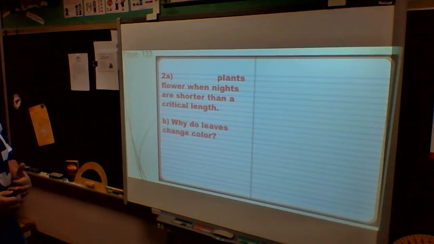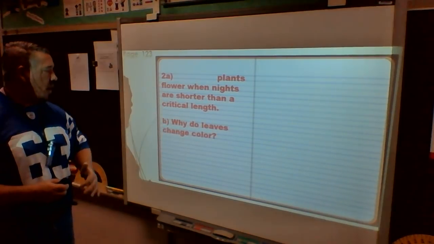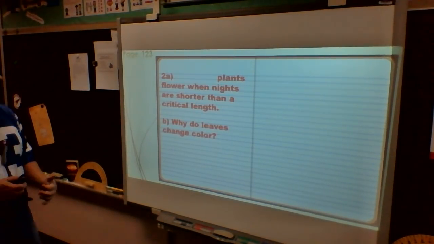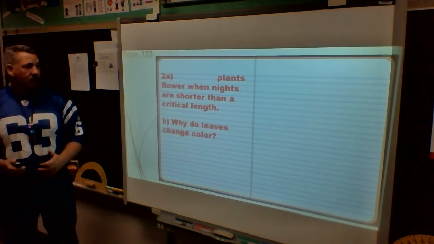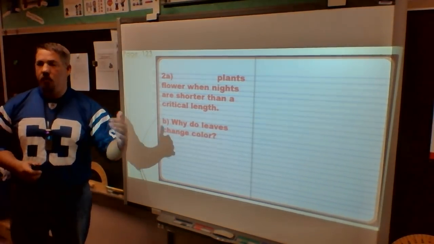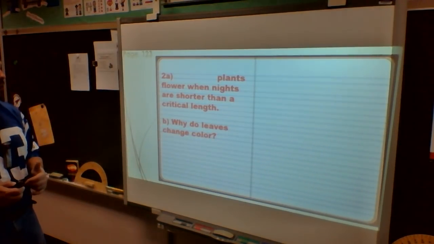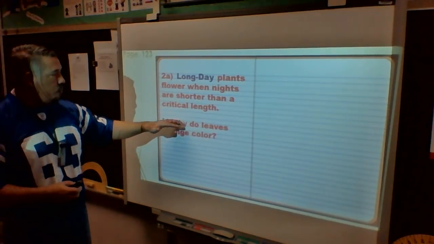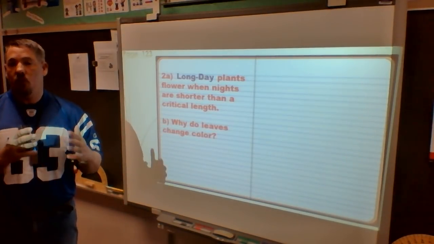So now we have two more questions that we're going to answer. We fill in 2A and then we'll have 2B. Blank plants flower when nights are shorter than a critical length. So if our nights are shorter, the critical length is when they like to grow the most, then that should tell us that we're looking at a long day. So the critical period is the amount of time they're looking for to grow.